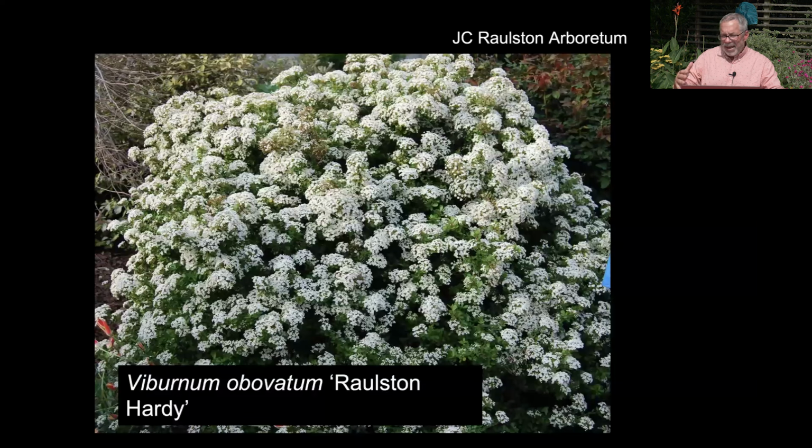Going to another native plant, getting into the shrubs, Viburnum obovatum, a southeastern native plant called Raulston Hardy. I've mentioned this before, but this was after the 2007 hundred-year drought we had here at the Arboretum. I started looking at the Viburnum obovatums because that was one of the toughest plants we had here.